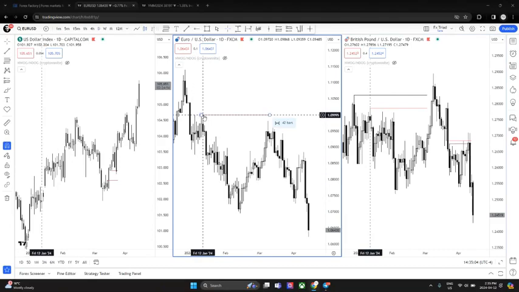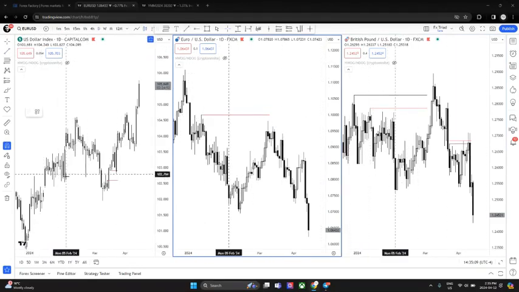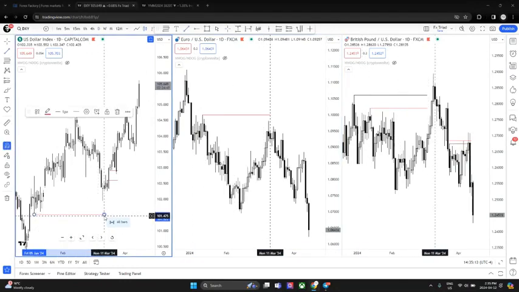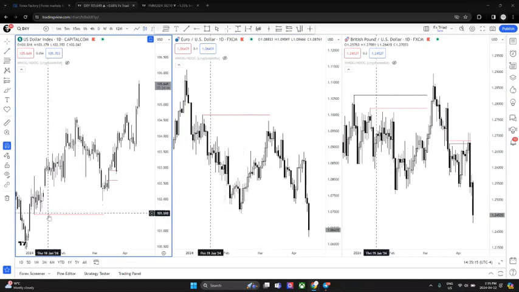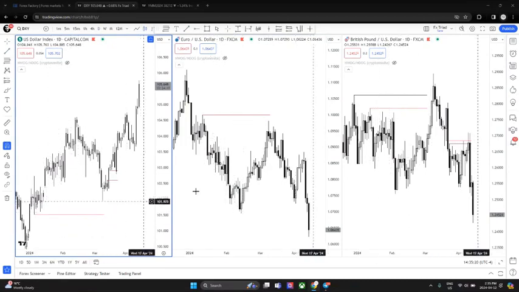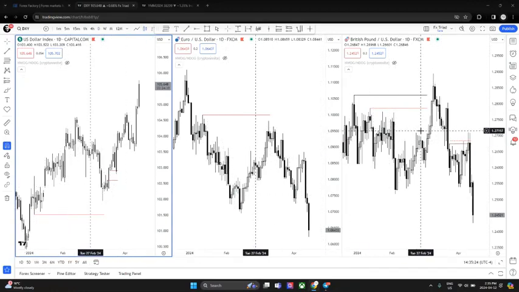So SMT occurred here. For the dollar, we didn't even get to these lows either, and we didn't have to. And why is that?